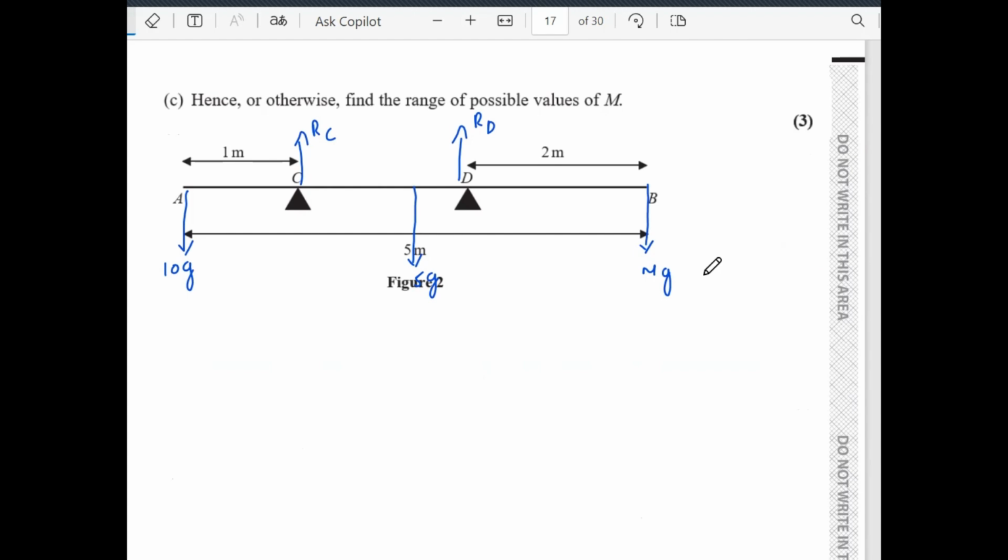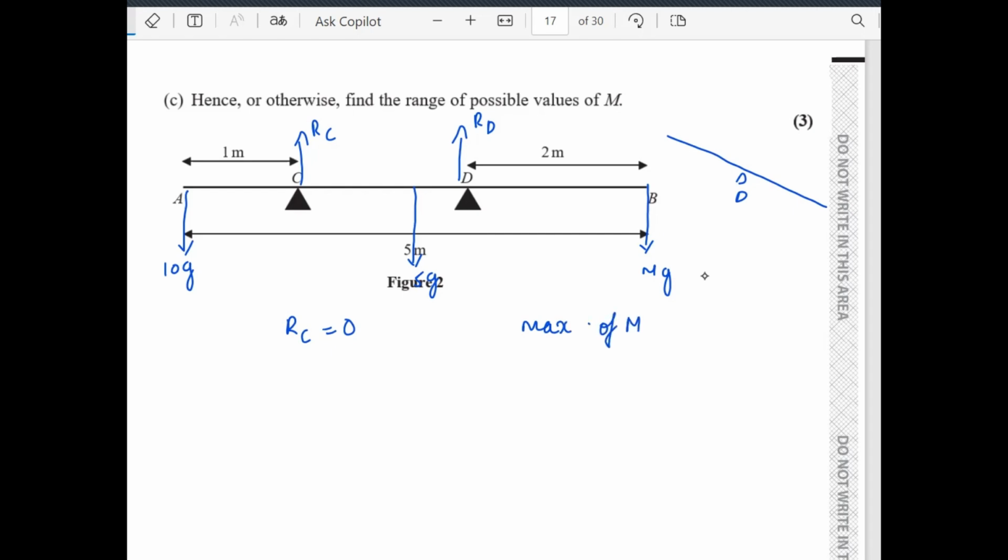Finding the possible values of m means, if the m value is very big, the uniform rod will be tilting at the point D. According to the law of tilting, what we are finding out is the maximum value of m.